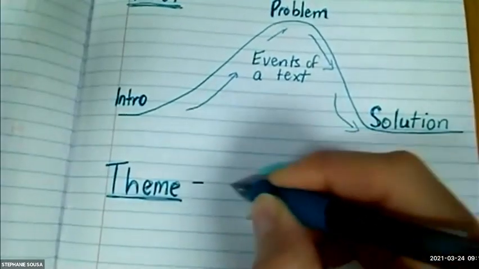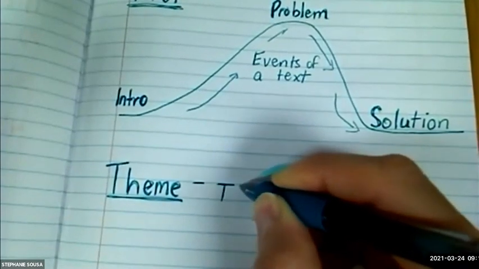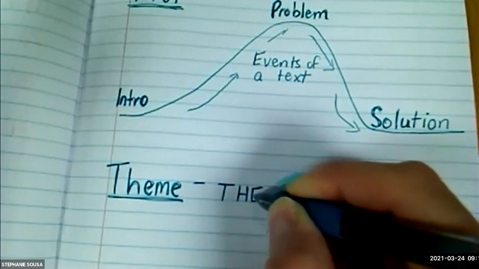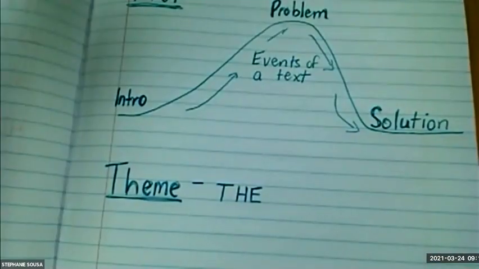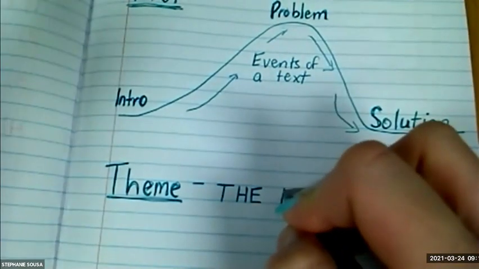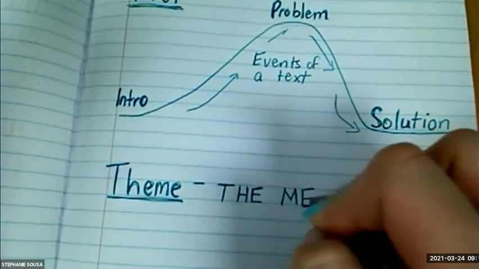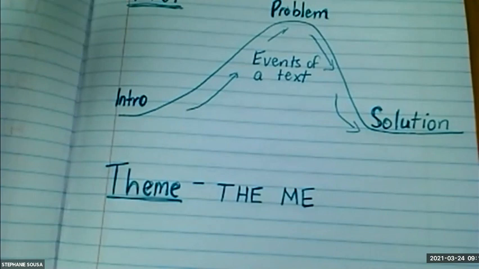Theme is, I want you to write the with all capital letters. The, all capital letters. And then we're going to write message, and the M and the E are going to be capitalized. See what I did there?